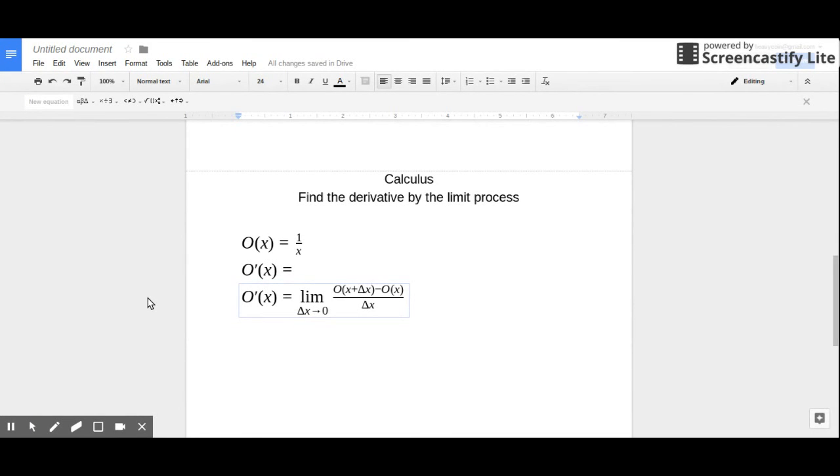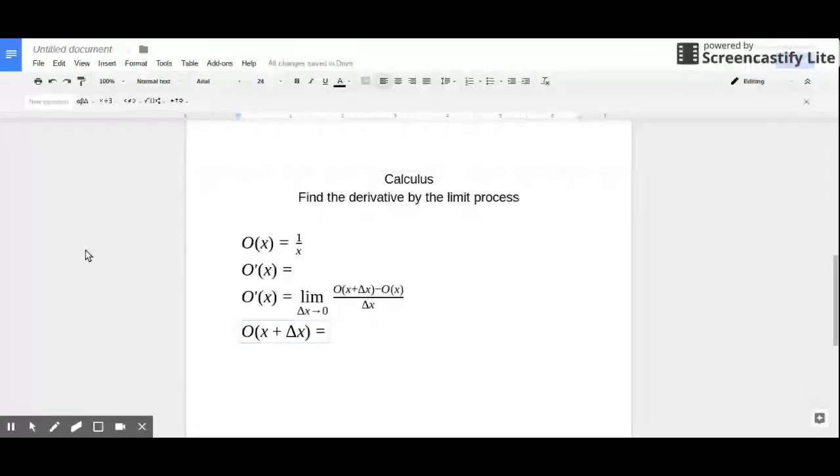Okay, so let's go ahead and do that. And it looks like it doesn't want to use the same size. Okay, there we go. All right, so we have O of x plus delta x. I noticed in the other videos that the screen was kind of jerking around.